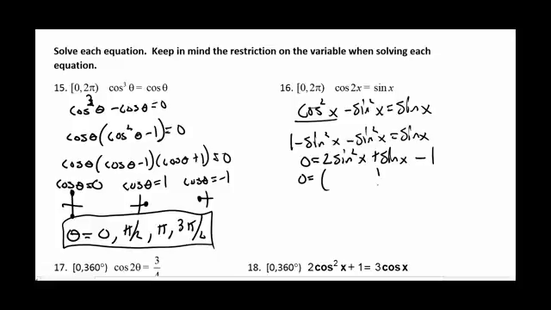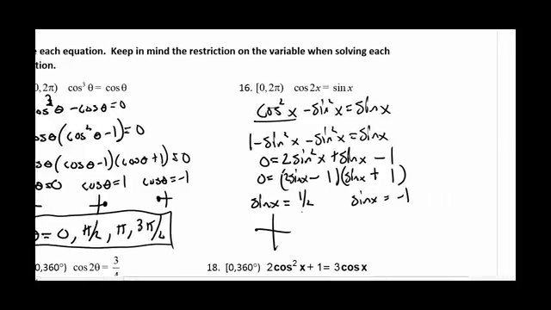And then I want to go ahead and factor that. It has to be 2 sine x and sine x, and a 1 and a 1. I want that to be plus and that to be minus. Double check that in my head real quick: plus 2, minus 1, okay, that works. So I get sine x equals a half, and sine x equals negative 1.